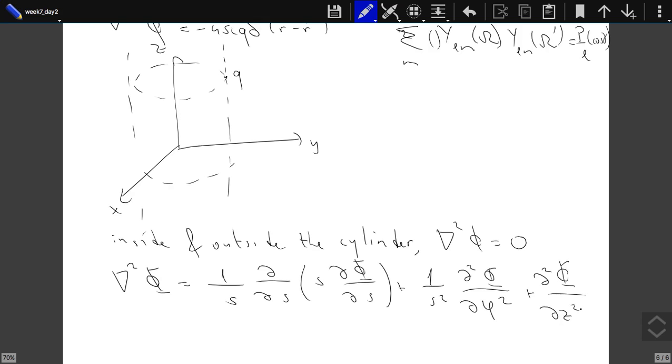Well, even in the inside region, I will also divide it into two. Or let me just keep it this way for the time being.